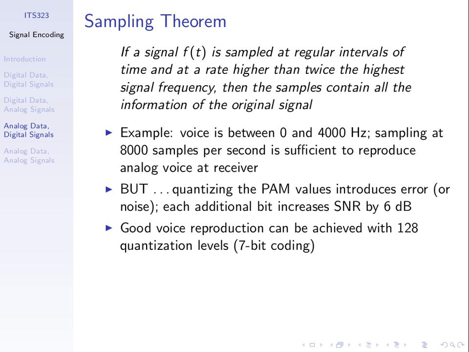That's in theory. The sampling theorem tells us what's the optimal sampling rate, the number of samples per second, for a particular input. If we know the spectrum of the input and the maximum frequency component, then the sampling theorem tells us to sample at twice the maximum frequency component.